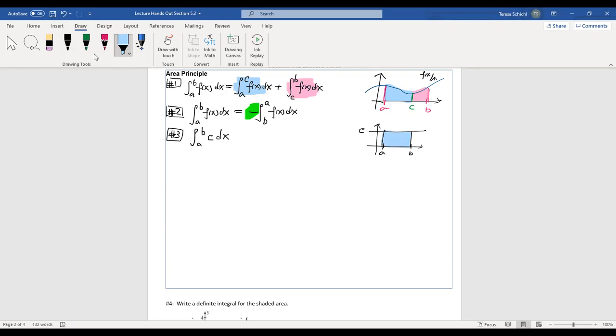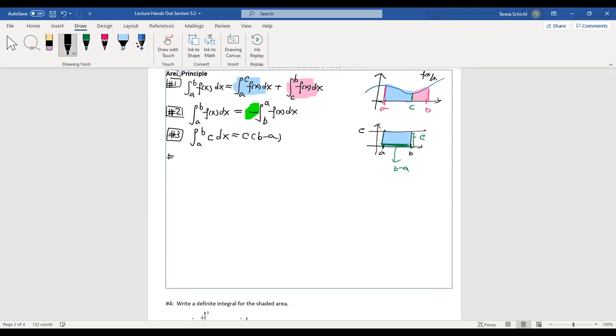The length is b minus a, and the width is c. So this is just equal to c times (b minus a). For any constant, you just find the rectangle's area.